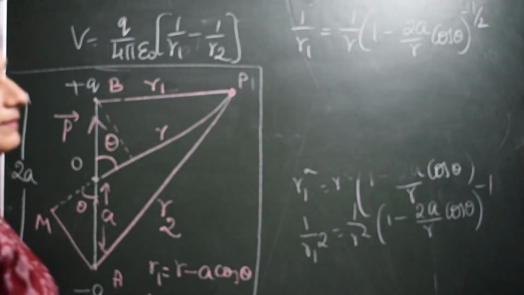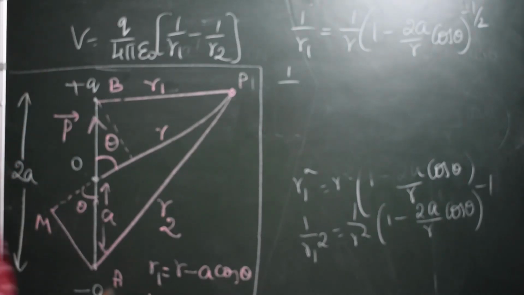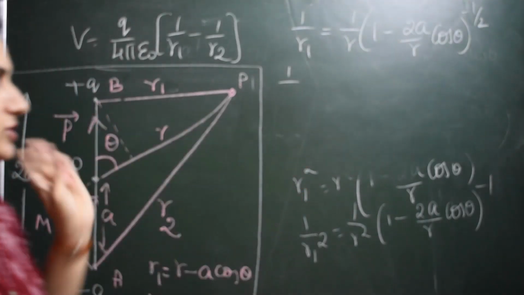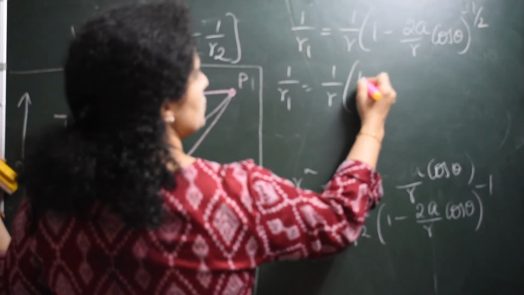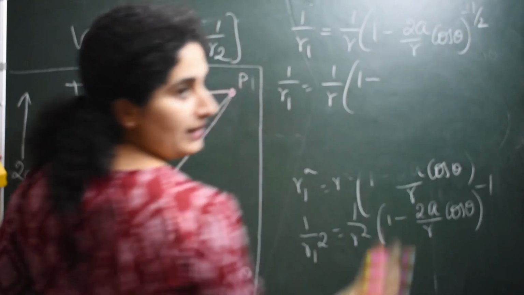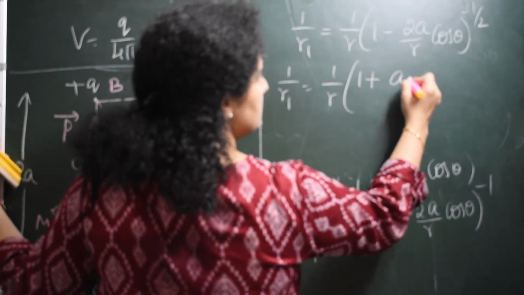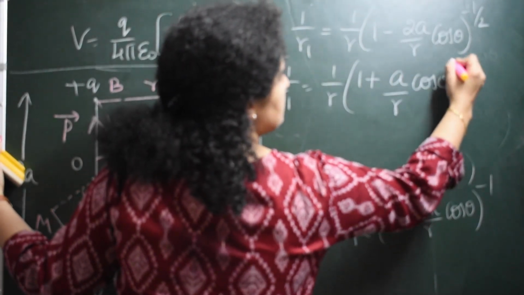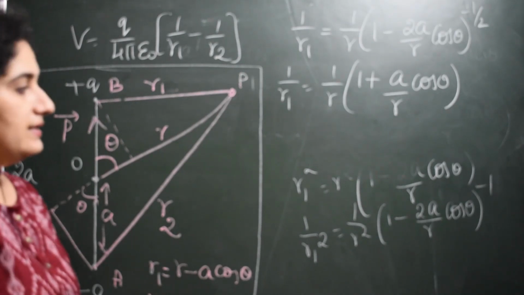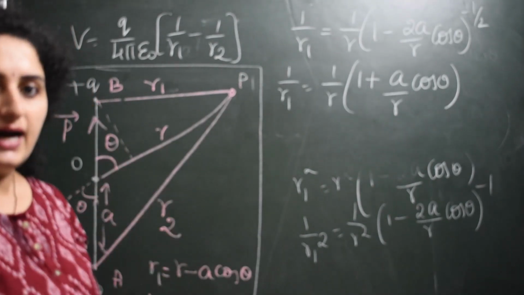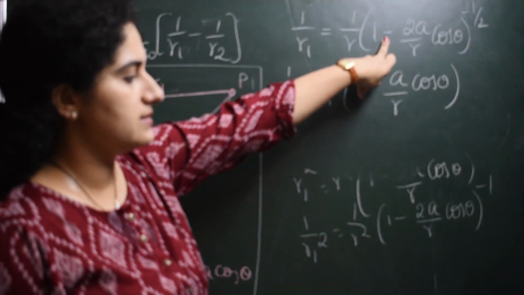Correct? Now apply the binomial theorem. Not for higher powers, only up to degree 2 is enough. So 1 by R1 is equal to 1 by R into 1 minus of minus, plus, binomial theorem which you study in maths, A by R cos theta. Similarly, when you apply for R2, here you will get minus, because here it will be plus.